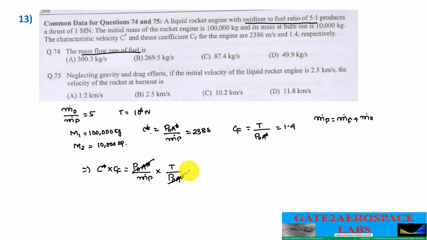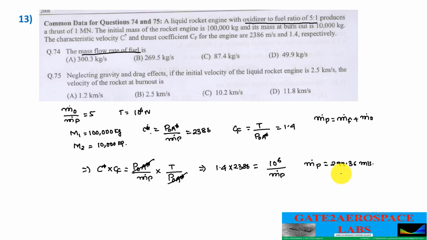This will get cancelled. So this equation will become 1.4 into 2386 equals thrust, which is 10 to the power 6, divided by mass flow rate of propellant.